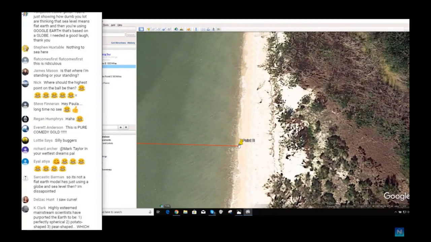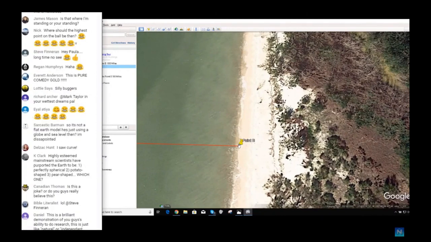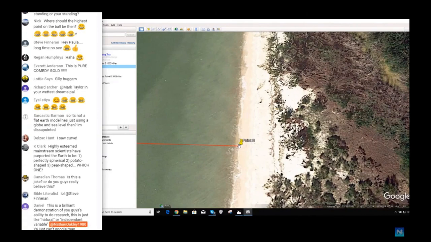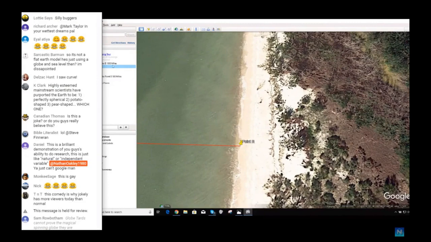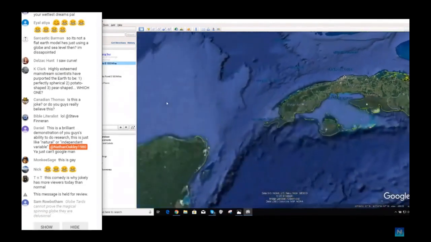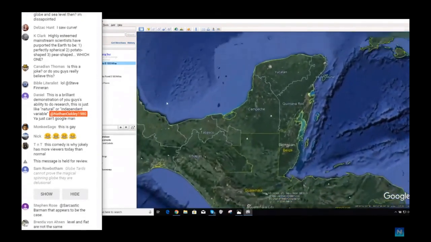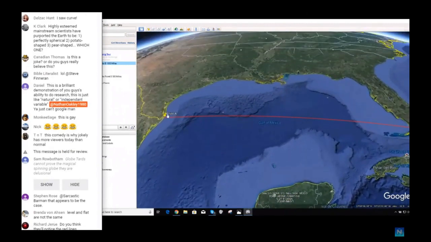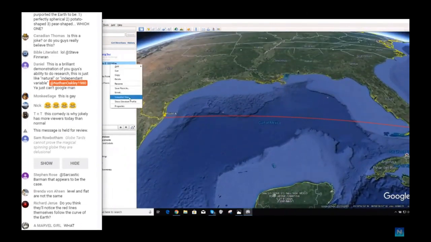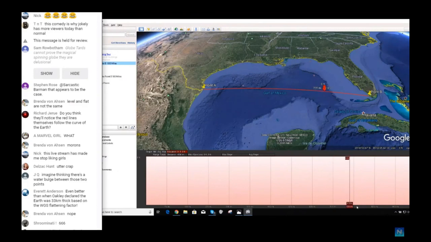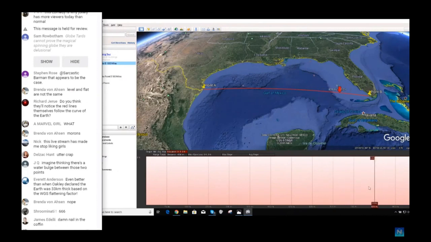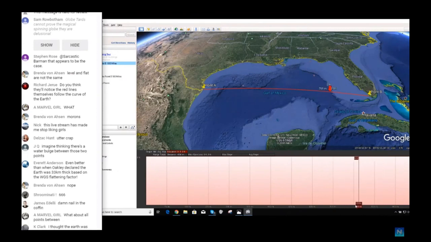That matches our level and flat definition, not rising or falling or higher on one side, horizontal or flat. Go for a wider view. Get an elevation profile. Mouse, just wave your mouse so people can see what I'm talking about, John. There we go. It's referencing a flat surface.